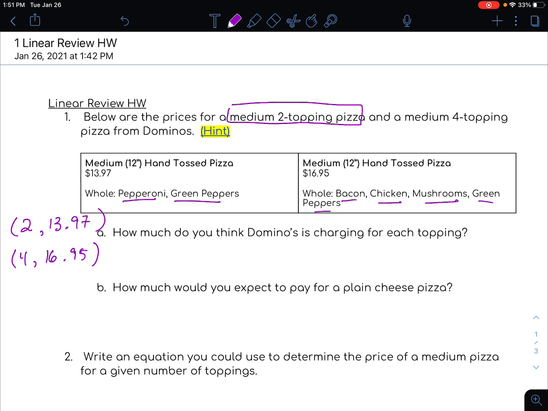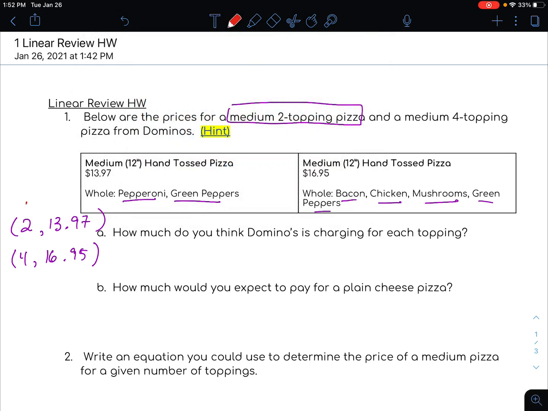$16.95. So we talked about the slope or rate of change and how to calculate a rate of change. And really, that's what we have for each topping here. As you add 1 topping, then the price increases by a certain amount. So the question is, how much is it increasing per topping? So let's think about that as a rate of change or a slope.